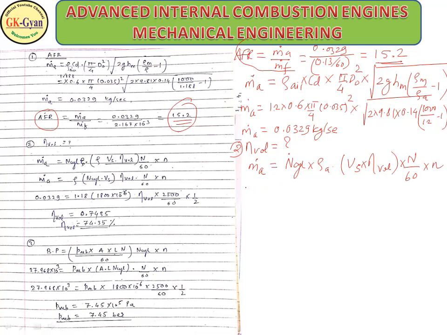So m dot A we know is 0.0329, number of cylinders is 1, rho of air is 1.2, swept volume is 1800 into 10 to the power minus 6, eta volumetric. What is the speed? 2500, into 4 strokes, that is 1 by 2. With the help of that, put the values here and eta volumetric is calculated as 0.7435.